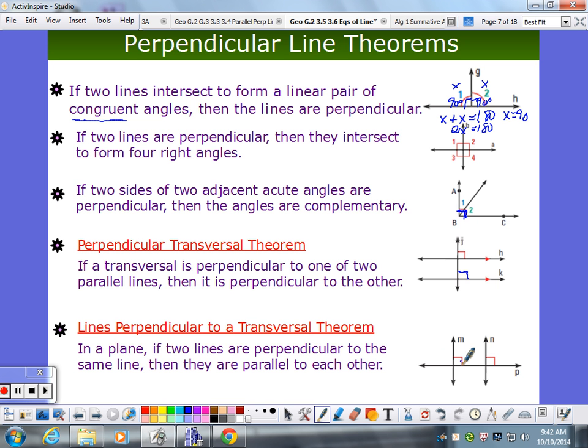Now if I look sideways, this is like two lines with a transversal, and their corresponding angles are congruent. So this is the converse of the corresponding angle postulate. If two corresponding angles are congruent, then the lines are parallel. So I'm working backwards. There, I proved it.